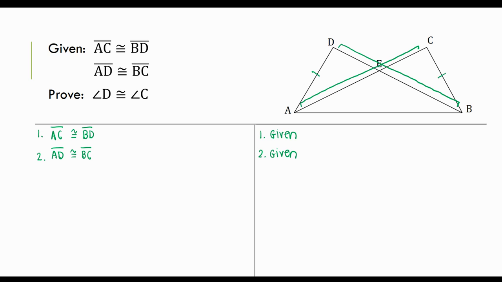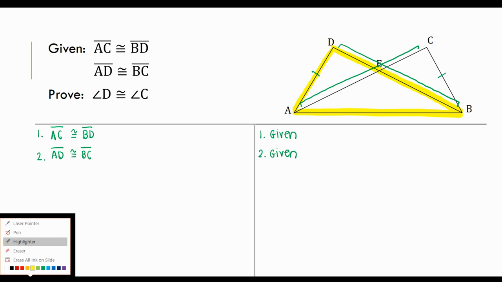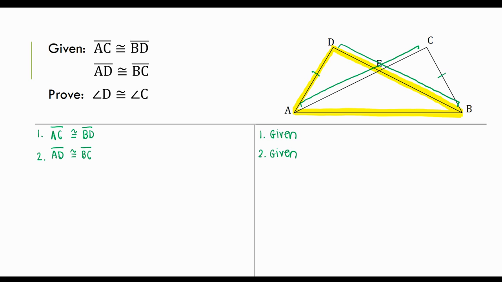So AD and BC. If I start highlighting the triangles that are marked up, AD was the side that was marked up, so is BD. Put it with that side, and this is the triangle we probably want to focus on because it also has the angle D that I need for my conclusion. If I look at the second triangle, I see that BC was this side.